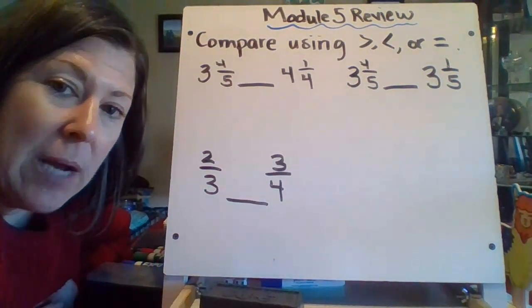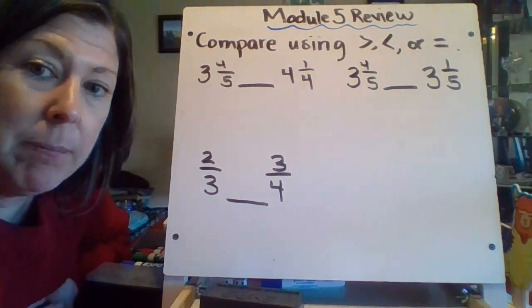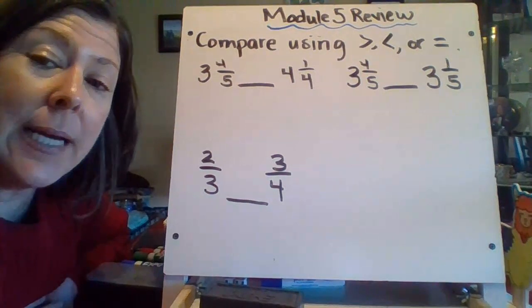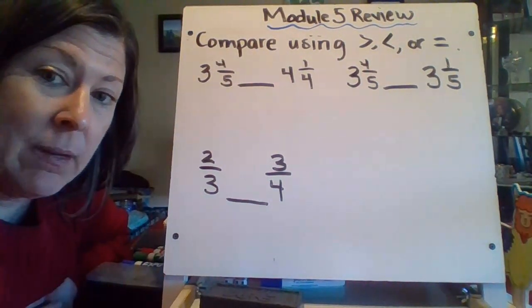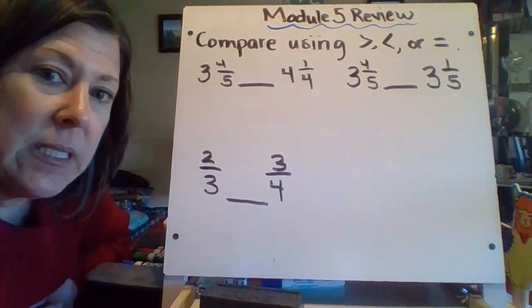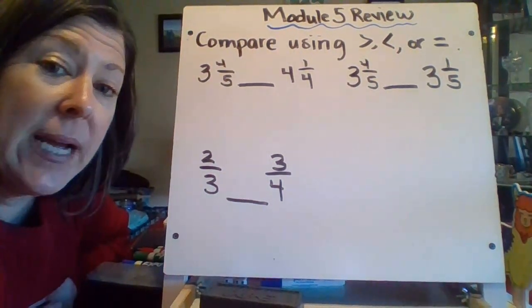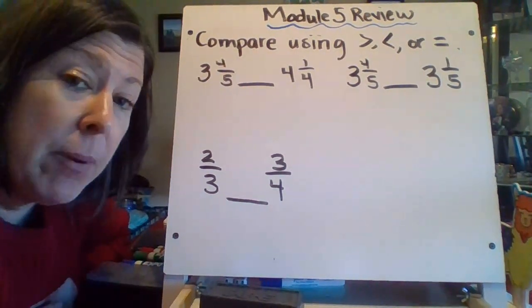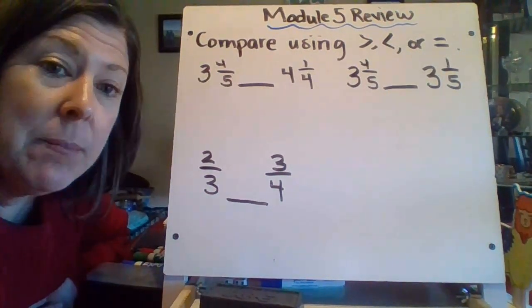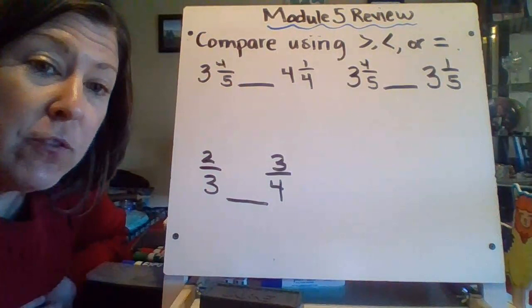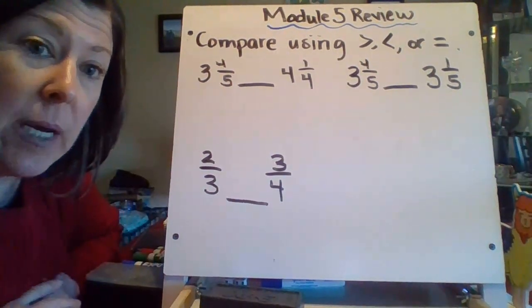Our next set of problems we're going to be comparing. We're going to compare using the greater than, less than, or equal sign. So my first example is comparing mixed numbers, remembering that a mixed number has both a whole and a part. When I am comparing mixed numbers, the first thing I look at is the whole number.